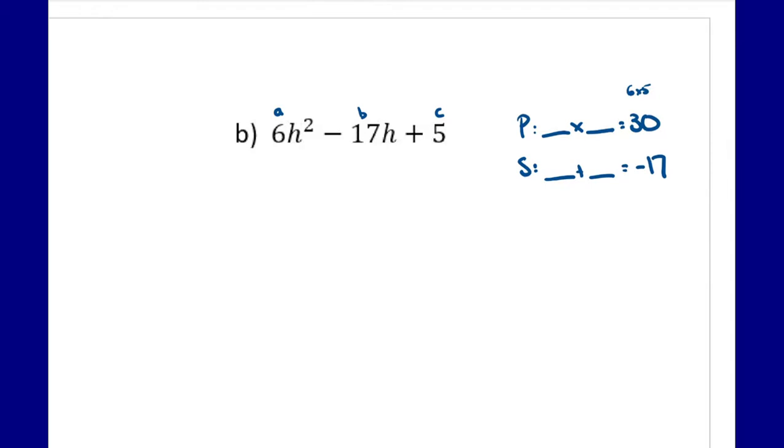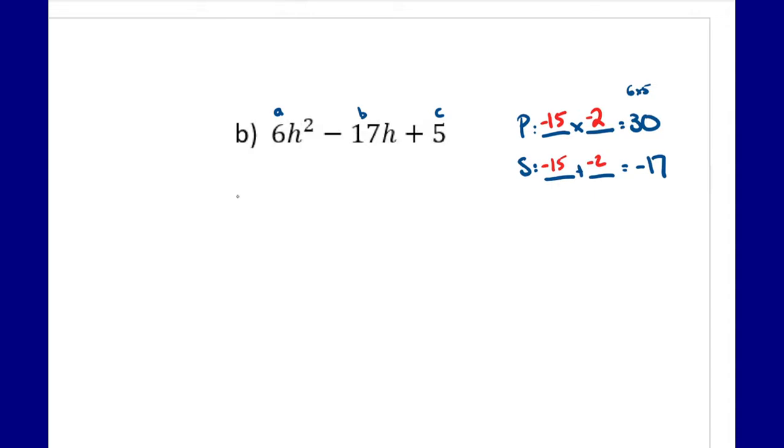So in this case, it would actually be 15 times 2. 15 times 2 is 30. Oh, sorry, not quite, because 15 plus 2 is positive 17. I want negative 17. So that means I have to make both of the numbers negative. It doesn't change the multiplication, because a negative times a negative is a positive, but it does change our sum, and it makes our final answer a negative.